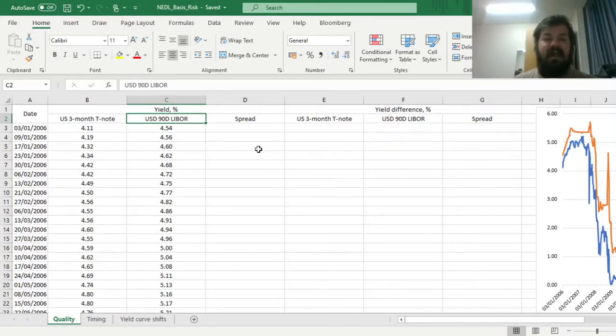For example, it might try and hedge its interest rate risk exposure by negotiating a swap for the 3-month yield on a US Treasury note.